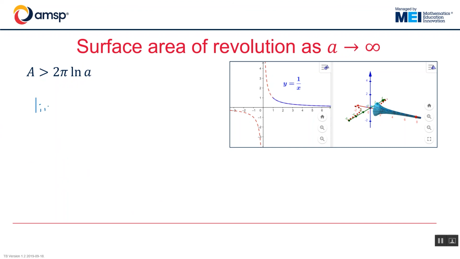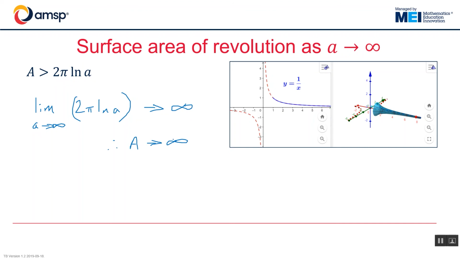I can look at the limit as a tends to infinity of 2 pi ln a, and this thing is going to tend to infinity because the natural log tends to infinity very slowly, but it does tend to infinity. So I know as a tends to infinity, my surface area is bigger than something else that tends to infinity. Therefore, I can say that the surface area tends to infinity.